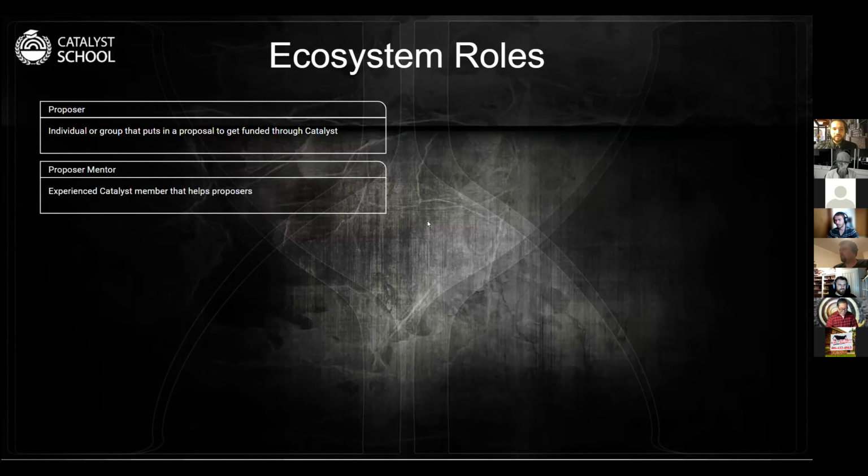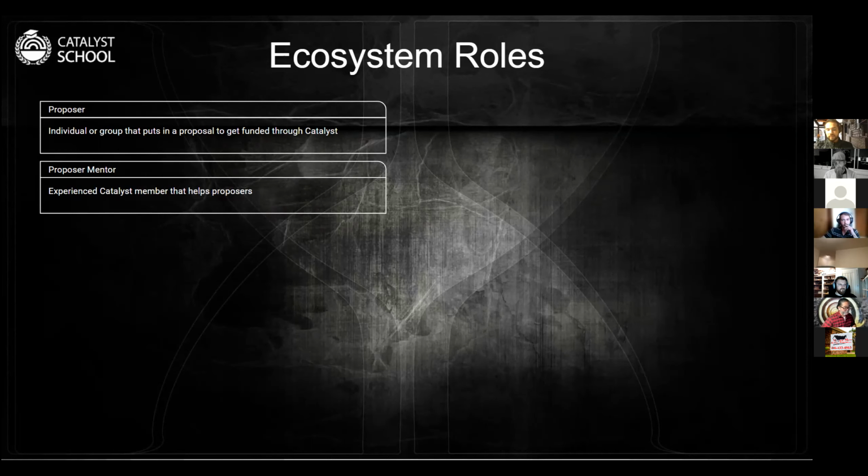And the second role is the proposer mentor. This is an informal role currently. There are some community members who are experienced either with Catalyst or with the business itself, or they are developers, or they really understand some area specifically, and they are volunteers who are here to help proposers improve their chances of being funded.